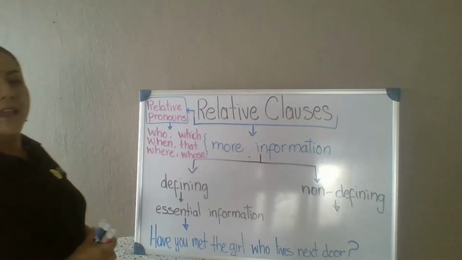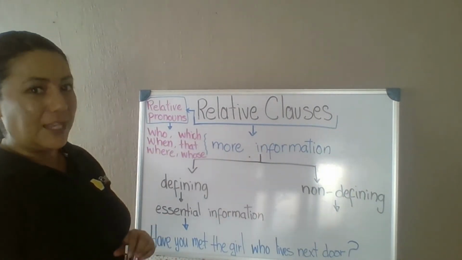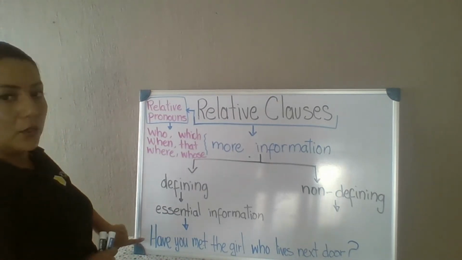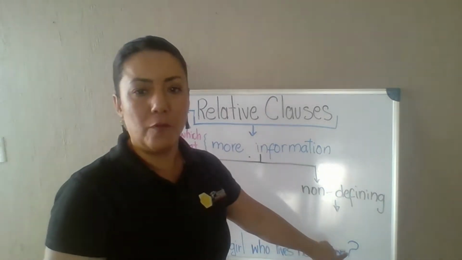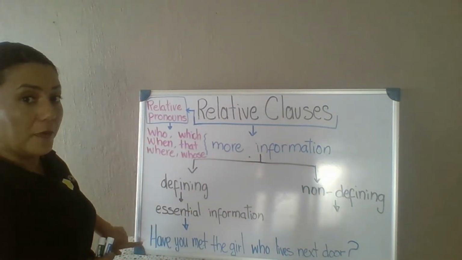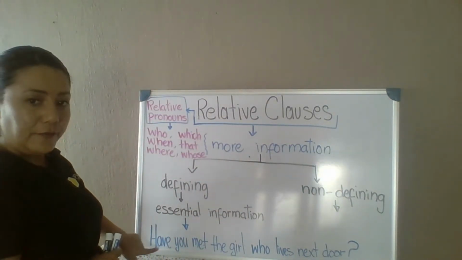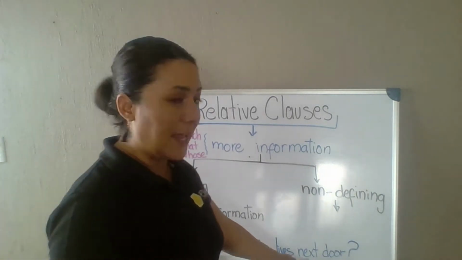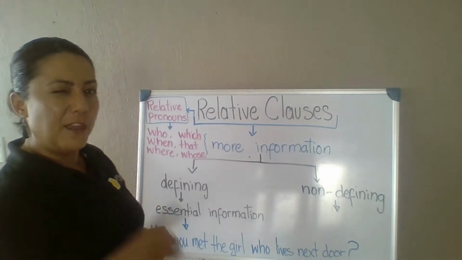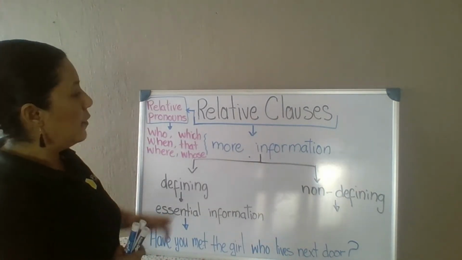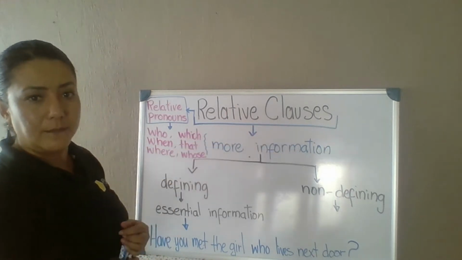Okay, let's look at the first example. Okay, here we are. It's right here. This is in the form of a question, but it's okay. I got it from the book. Have you met the girl who lives next door? The first thing I will do is identify the relative clause.